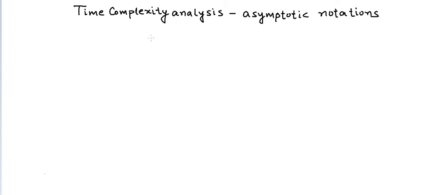Let us now define these asymptotic notations, and the first asymptotic notation that we want to define is the big O notation.